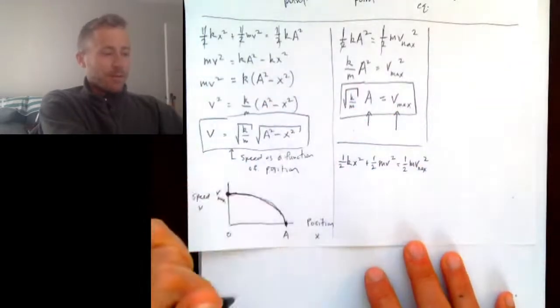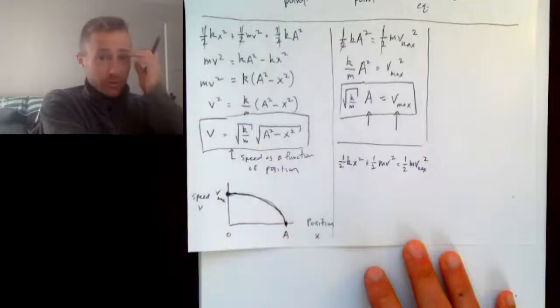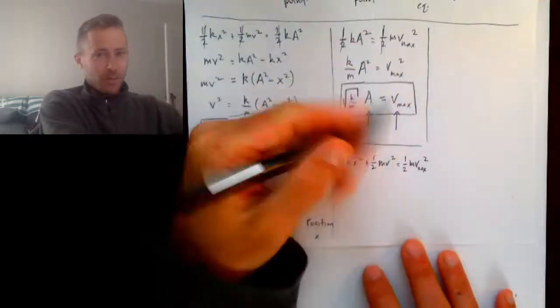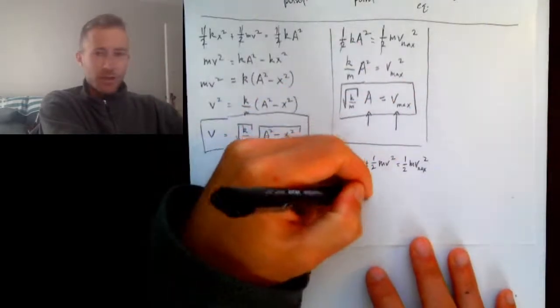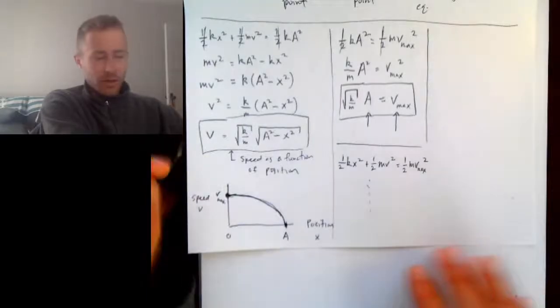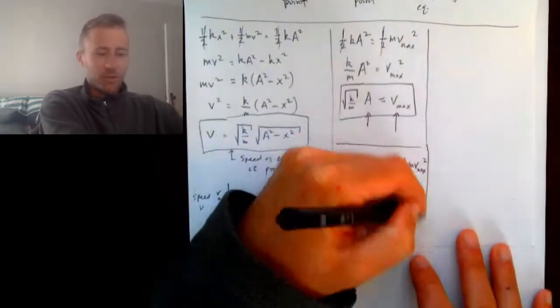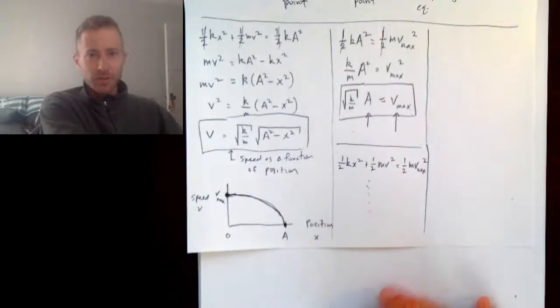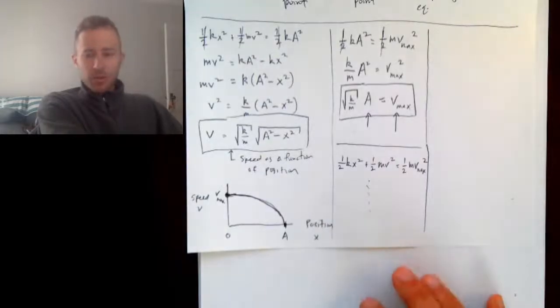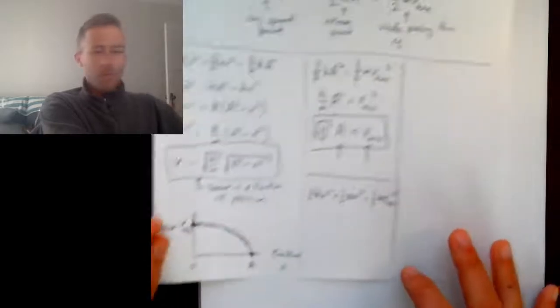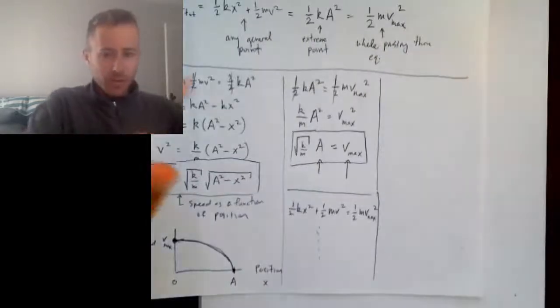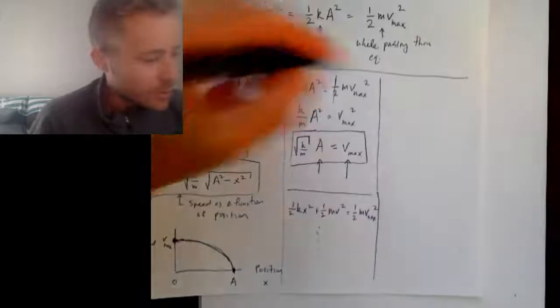And we could take that and we could solve for something. So you can do that yourself, because all this is just equations that come from conservation of energy. There is one equation I wanted to teach you guys that does not come from conservation of energy. It comes from Newton's second law.